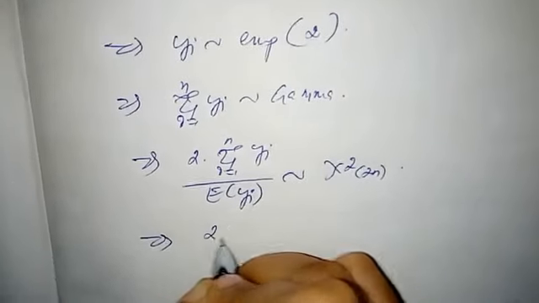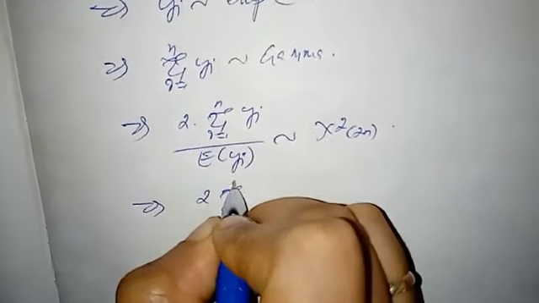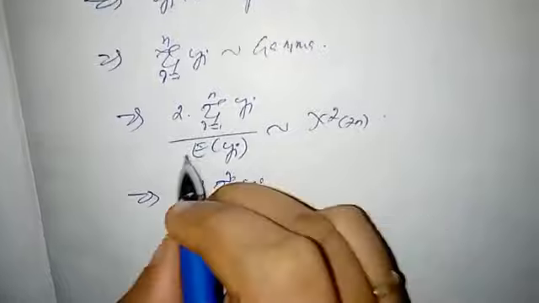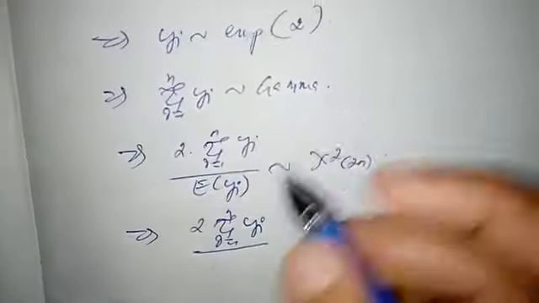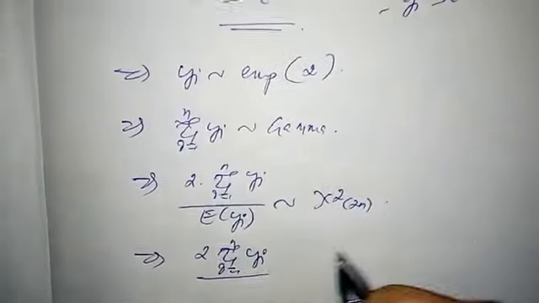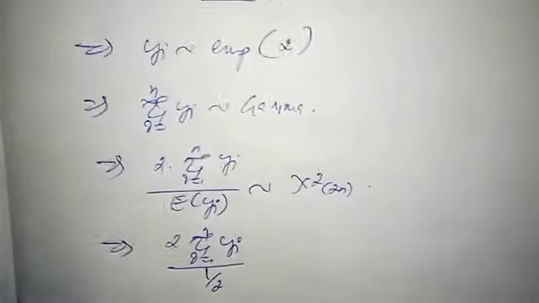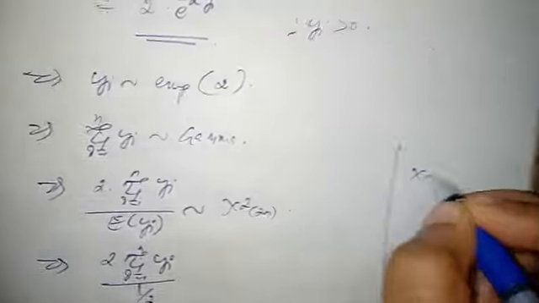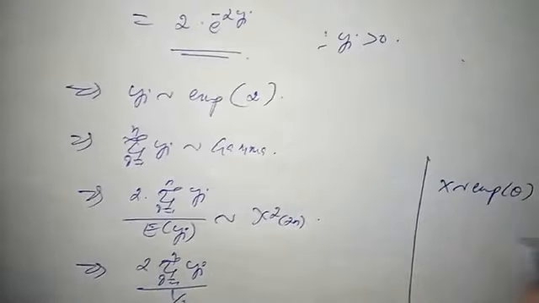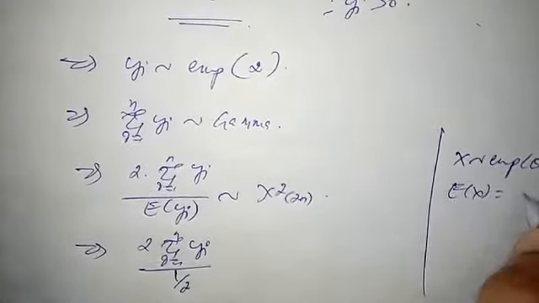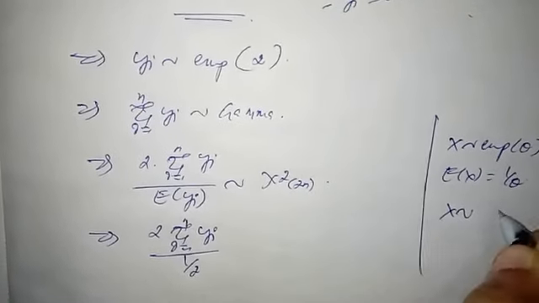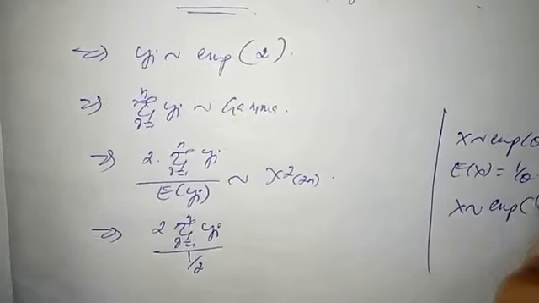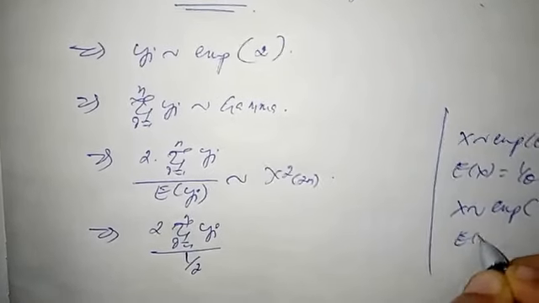It implies 2 into summation i = 1 to n yi divided by the expectation of yi, where yi follows exponential with parameter 2. Then what is the expectation of yi? That is 1 by 2. If x follows exponential with parameter theta, then expectation of x equals 1 by theta. If x follows exponential with parameter 1 by theta, then expectation of x equals theta.